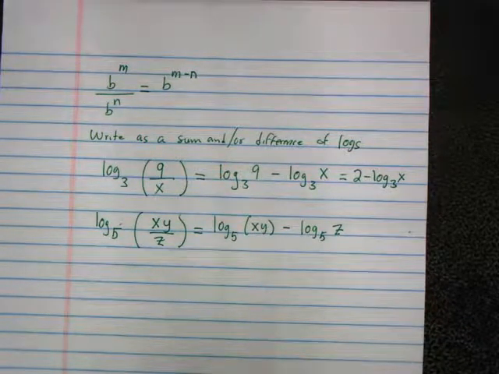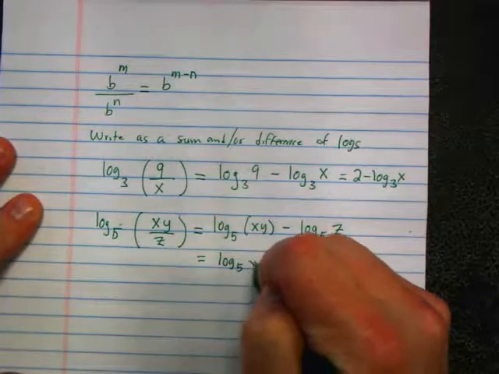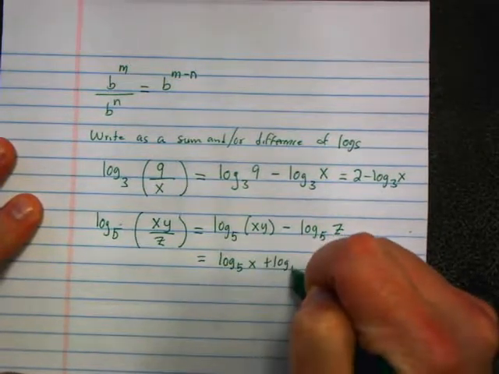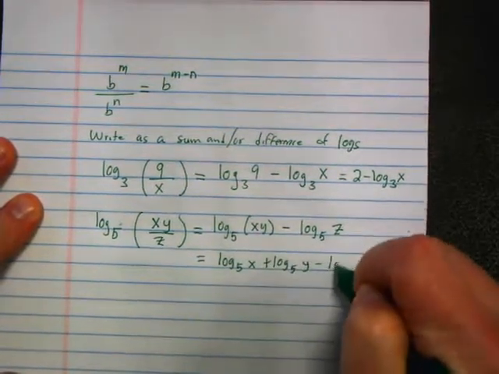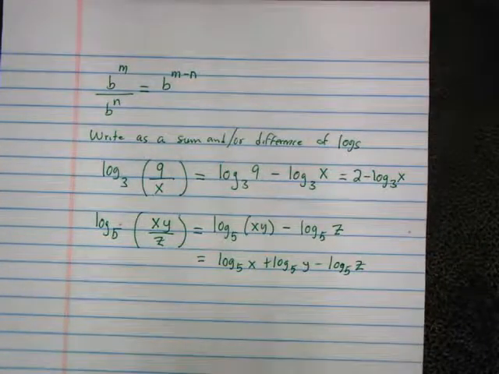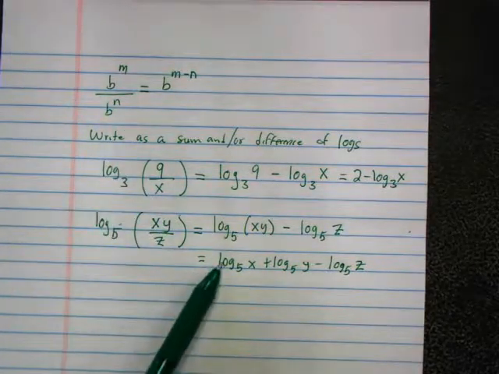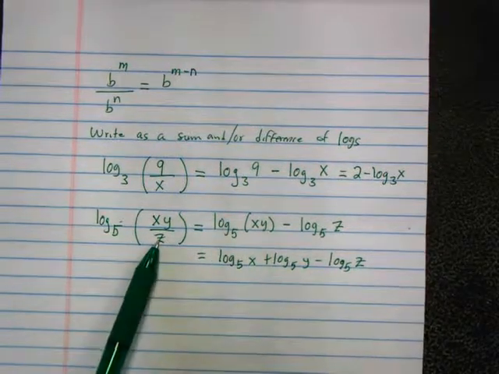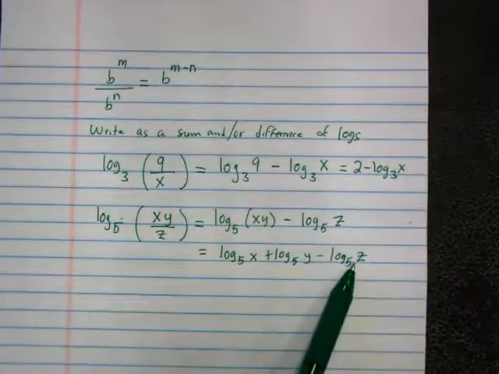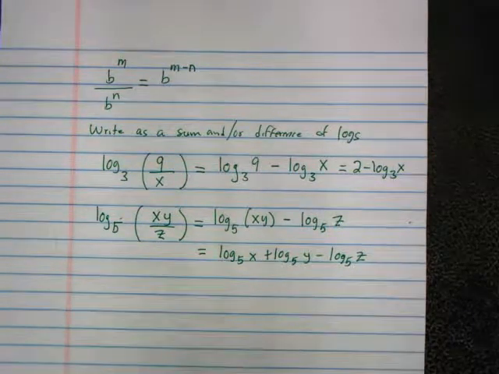And then the xy turns into log base 5 of x plus log base 5 of y. Perfect. Multiplication gets converted to addition. So notice what happens here. The things that were on top, they were positive. The thing that was on bottom, when we got all done, it ended up with a negative in front of it. Questions on that?